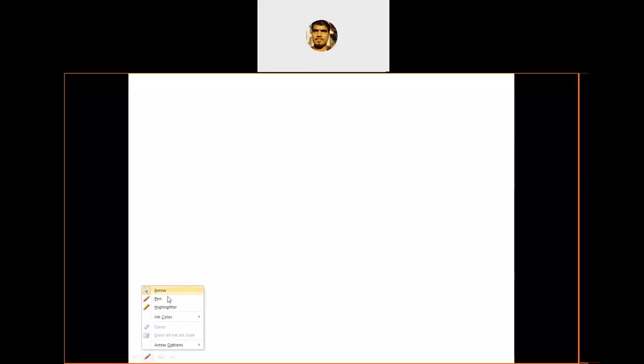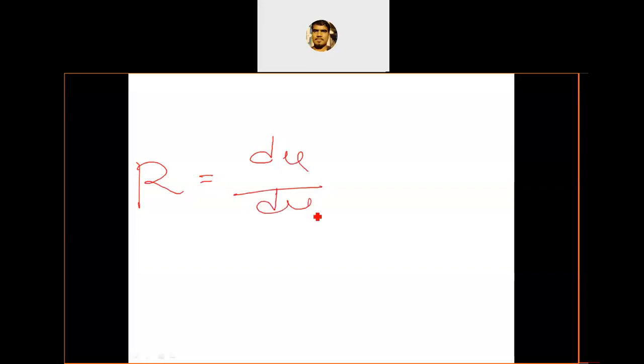that we can write it as R. So R is equal to du by dy, that is, R is the rate of shear or velocity gradient.